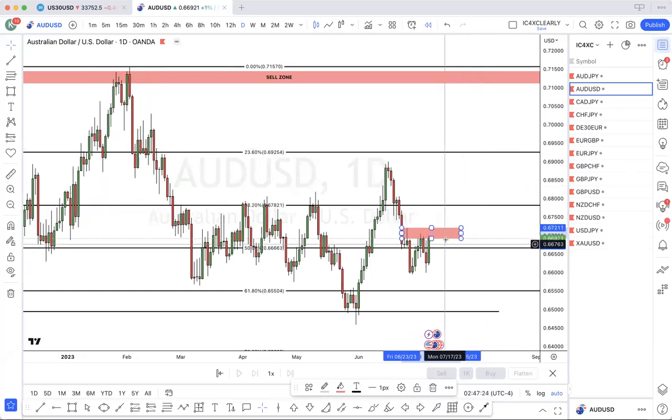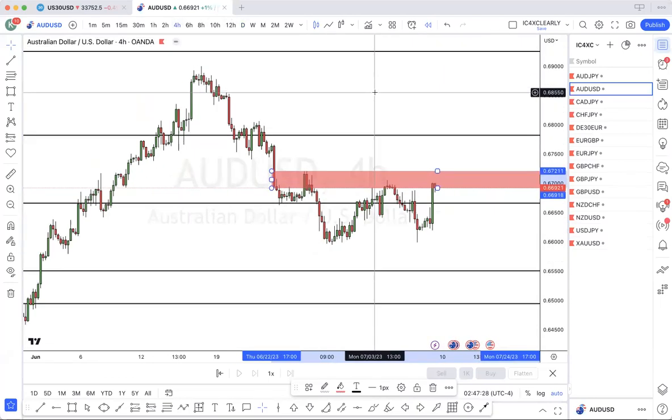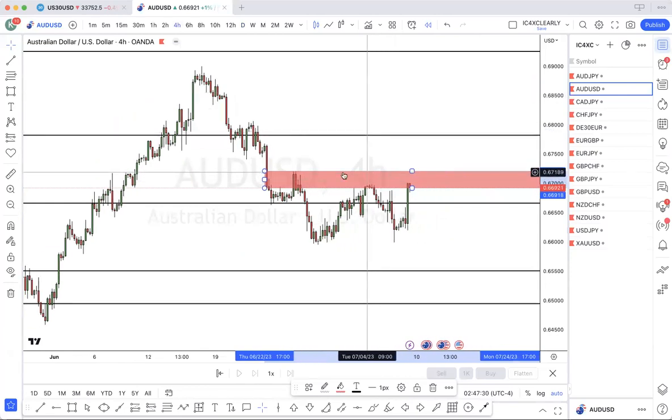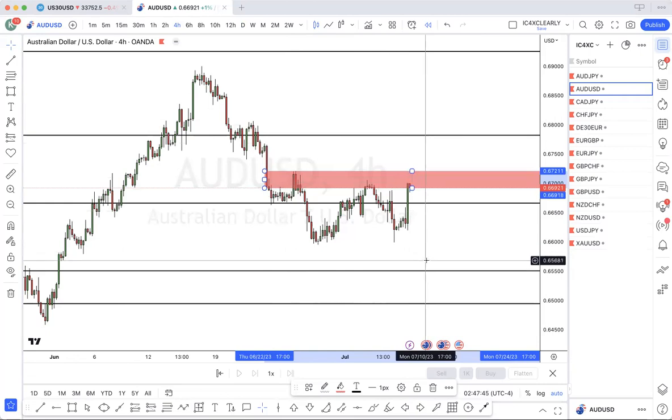So I would definitely be careful, or I would wait for a break of this swing high. This was the last swing high. Otherwise, this has been bearish, so I would look for another sell.